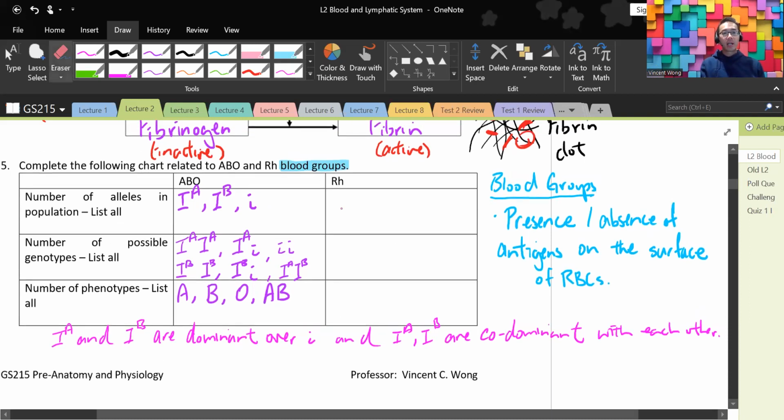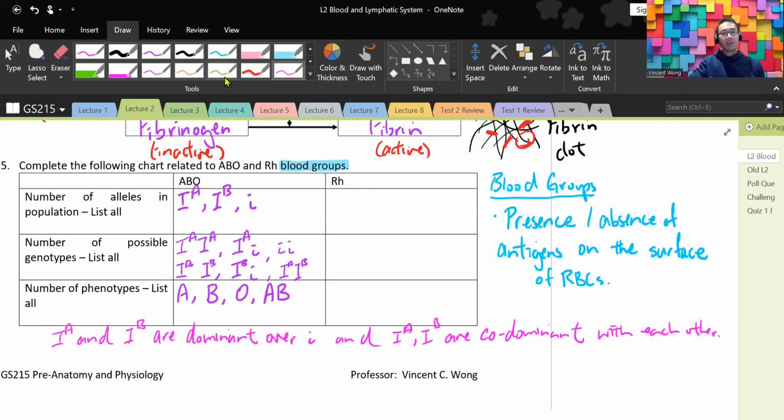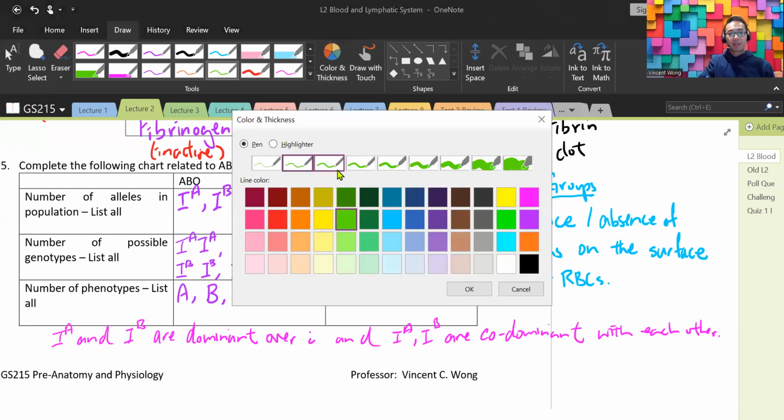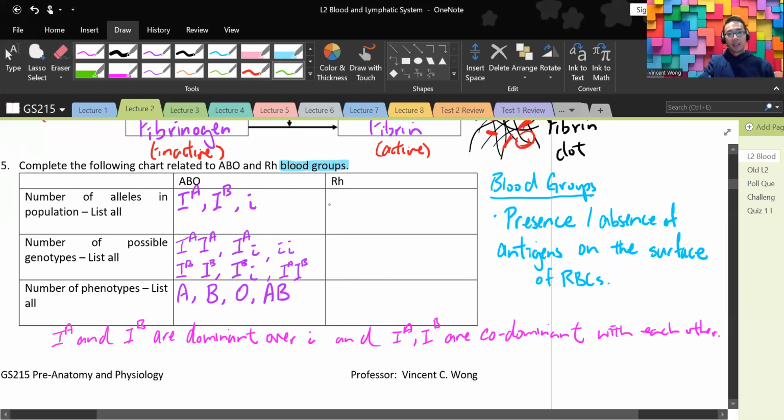What about RH? How many alleles are there for RH? Anyone? Yep, Tina, Donna, both are correct. We have the positive allele and the negative allele. Right? So if you're positive, then you can make the RH protein and put it on your red cells.